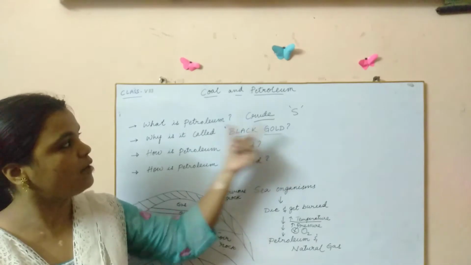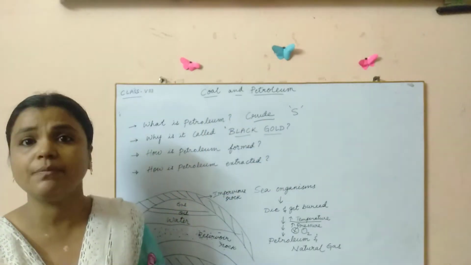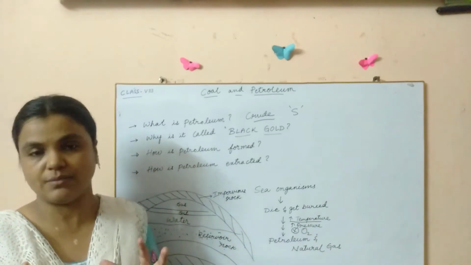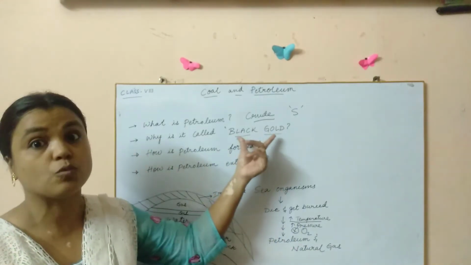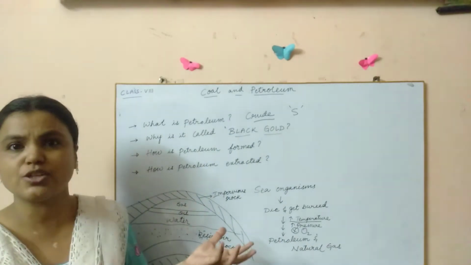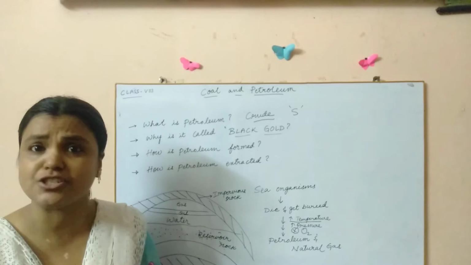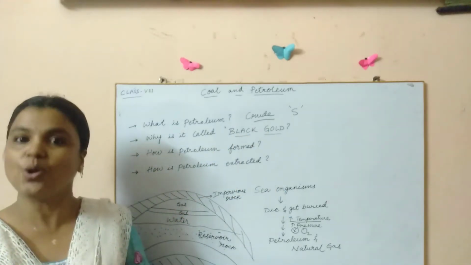Because of its color, it got its name black gold. And you know something, a particular country's economy greatly depends on this wealth of petroleum. The greater the amount of petroleum, the richer the nation would be. So that's the reason why it's called black gold, children.